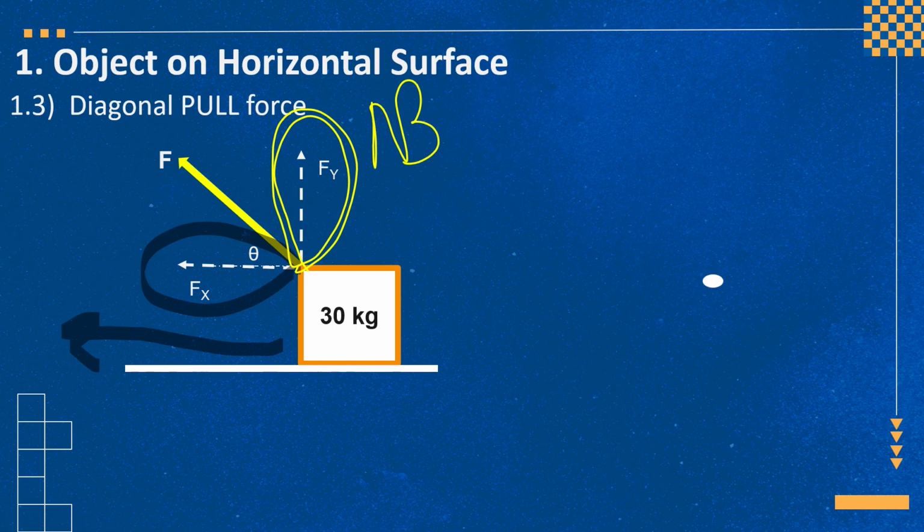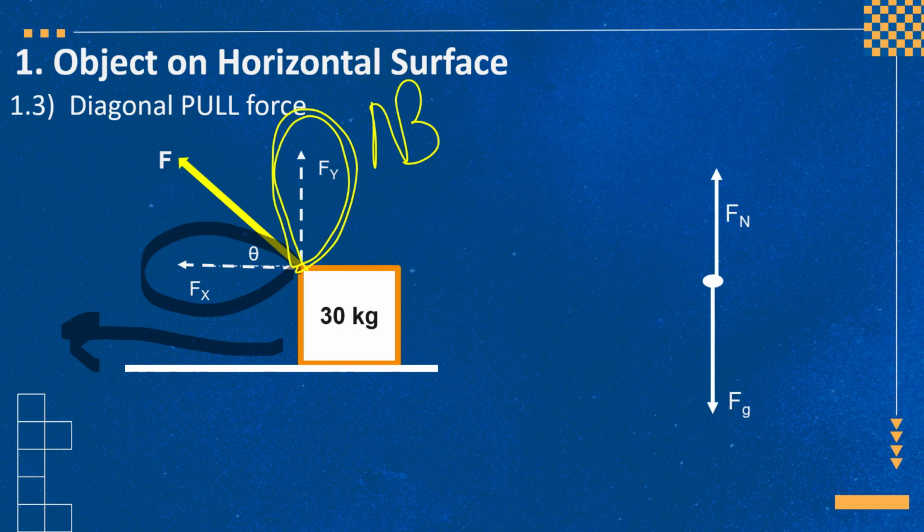So Fy will lift the box. The downward pressing weight force of the box on the table will not be as big, and therefore the surface does not have to work as hard to prevent the box from sinking into the surface. So I predict that the normal force will be smaller this time.